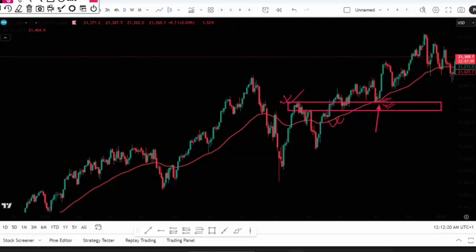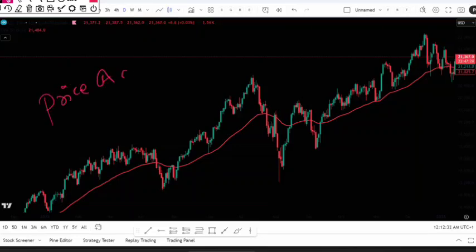Okay. So this is the very important thing you need to understand, that you have to wait for the price action. You have to see the 50 EMA.